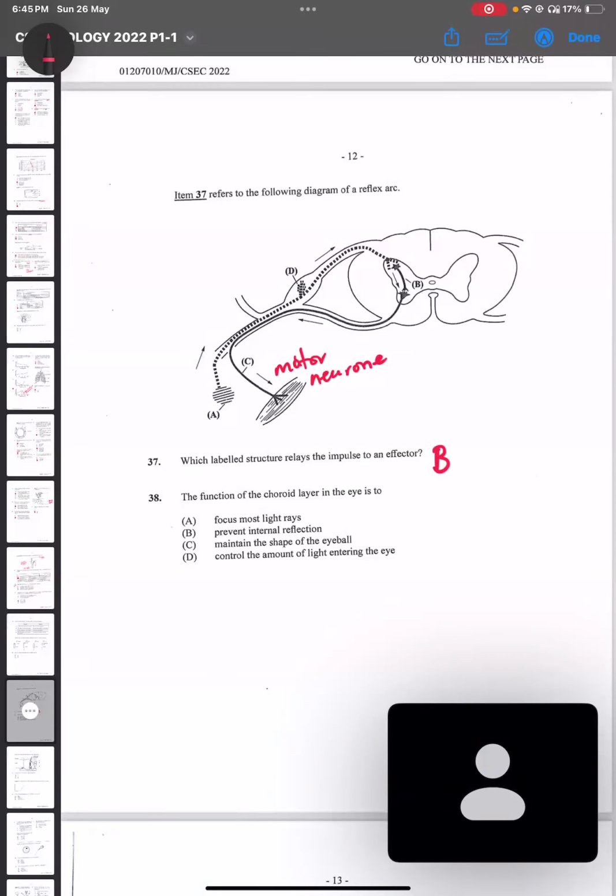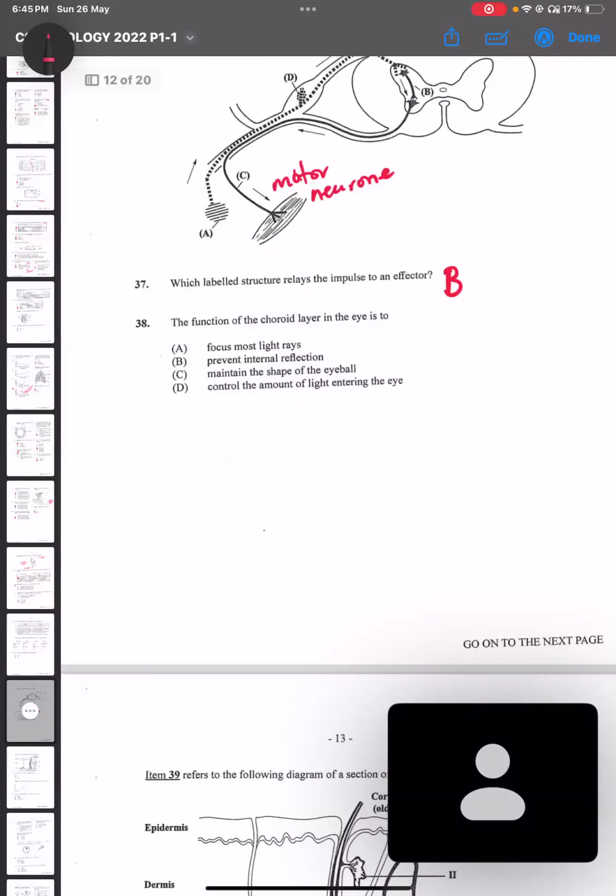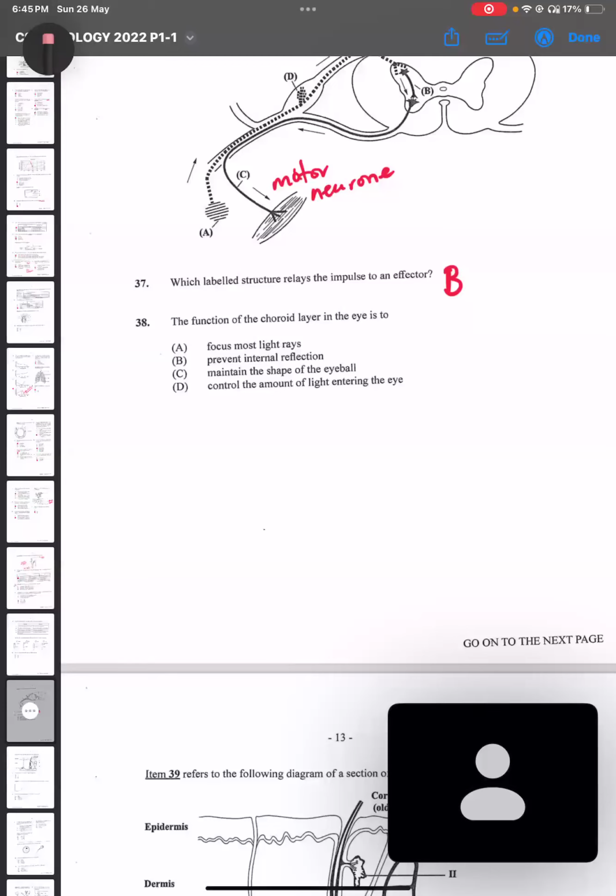So your answer is B, because the relay will be in the specific part of the nervous system that is there. We know what 38's answer is. We know it is B.